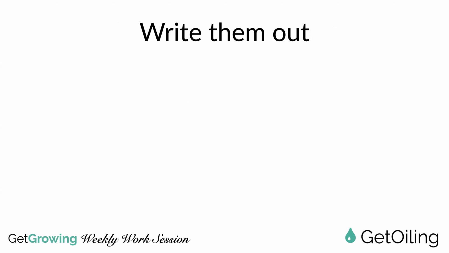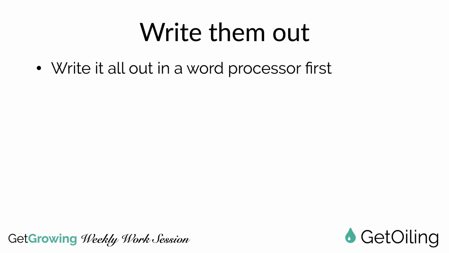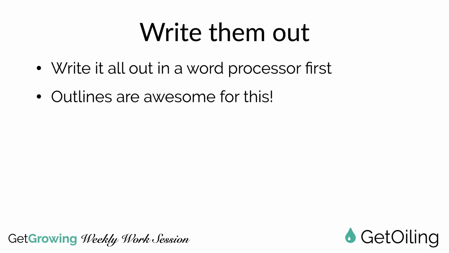All right, so let's talk about how we write our campaigns out ahead of time. Like I just mentioned, write it in a word processor first, importantly. Using an outline format in your word processor is a really great way to do this as well, because this is going to be sequential and it's going to help you know what's in what email. This is another kind of key tip here, guys. If you don't skip this step, then you'll miss out on a huge benefit.